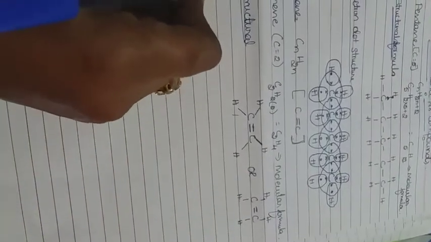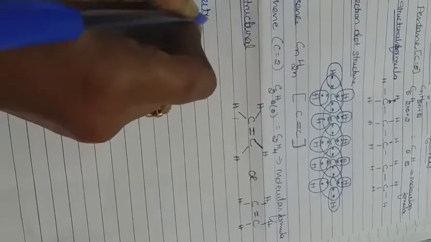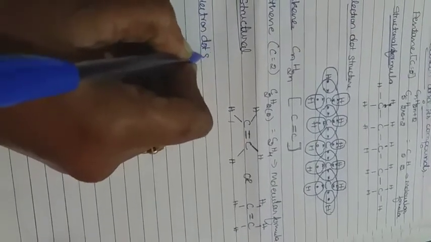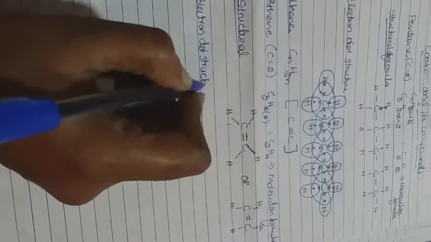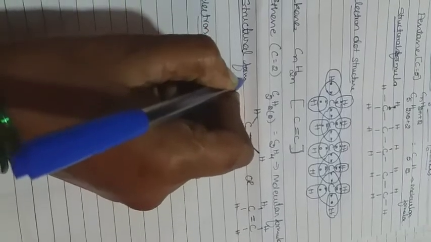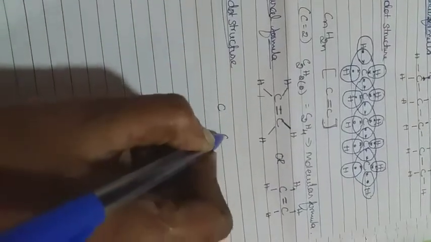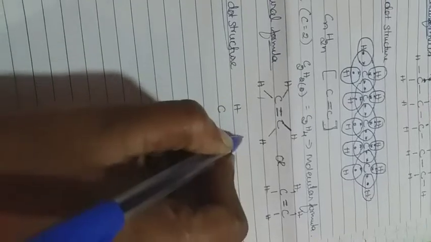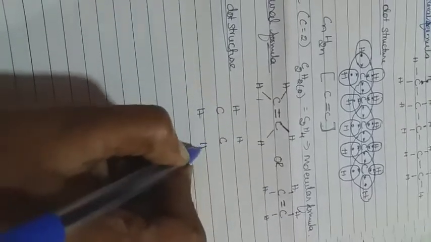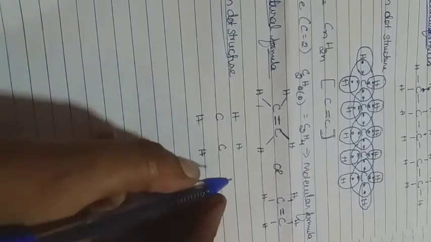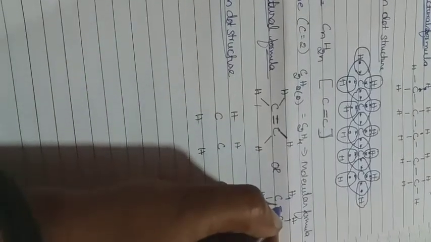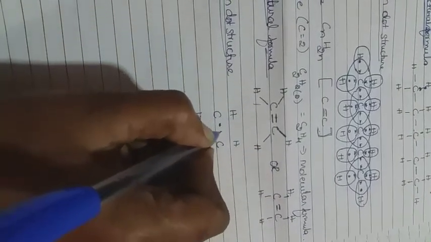Next we have to write the electron dot structure. This is the structural formula. I told you already how to write the structural formula: you should write the carbon, here 2 carbons and here 2 hydrogens. Here double bonds are there, and carbon has 4 valency electrons.